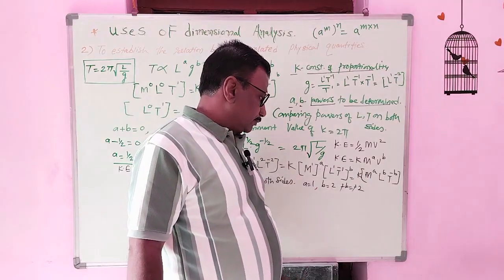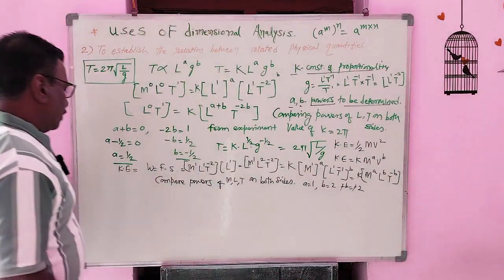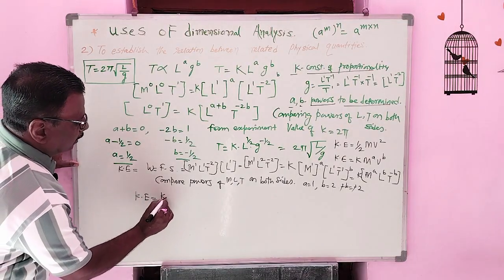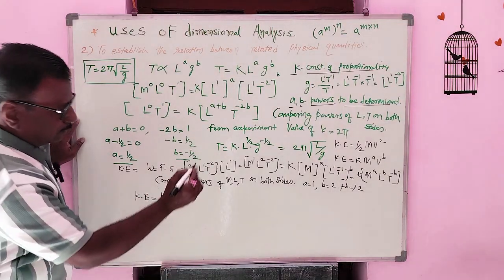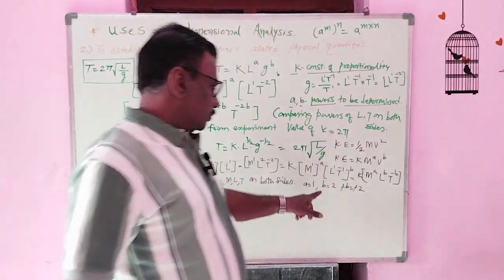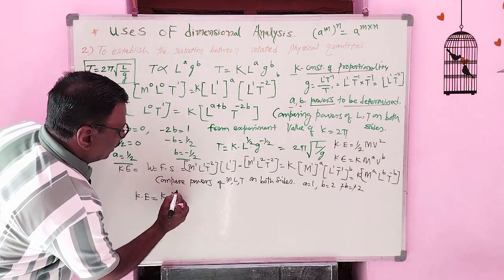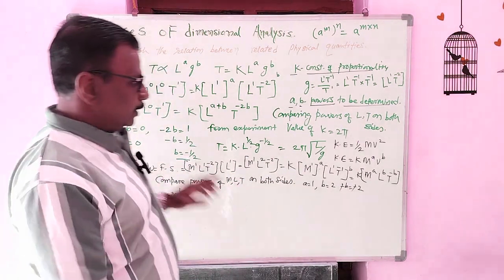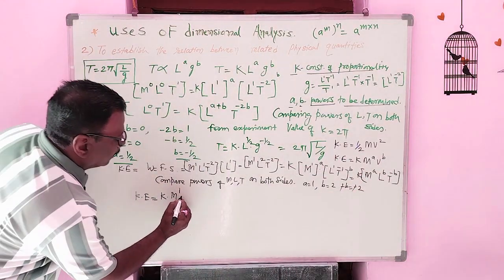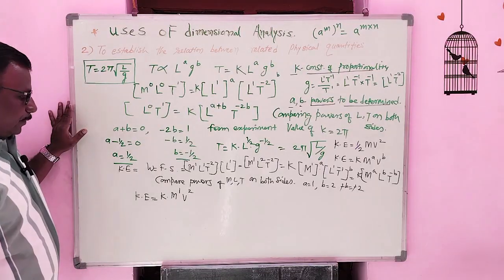Substitute this value in the above equation. In which equation? We write here kinetic energy is equal to K into M raised to power a, value of a equal to 1, M raised to power 1 into v raised to power b, b is equal to 2.